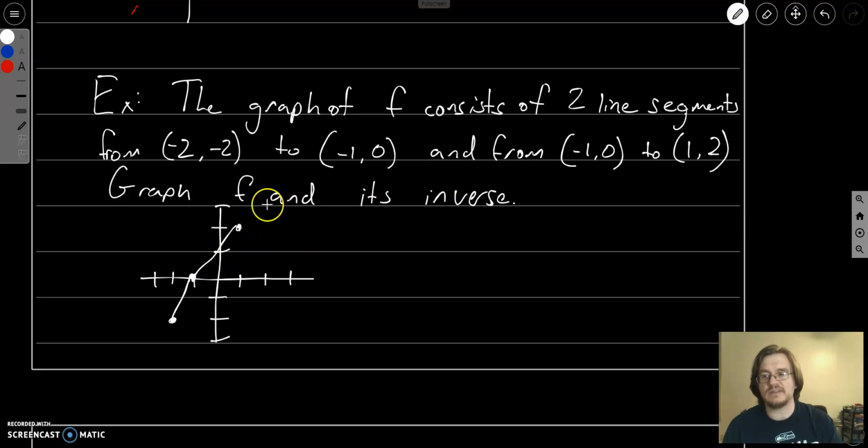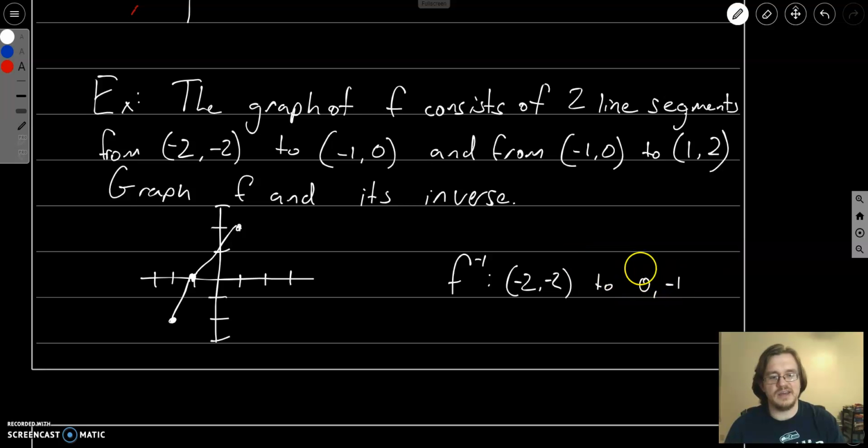And now we want to graph its inverse. Well, what we can do is take these line segments and switch the x and y's, just like when we're finding the inverse if we have a formula. So for the inverse, we're going from -2, -2. If I swap these around, it's still in the same order. So -2, -2. And this goes to 0, -1.